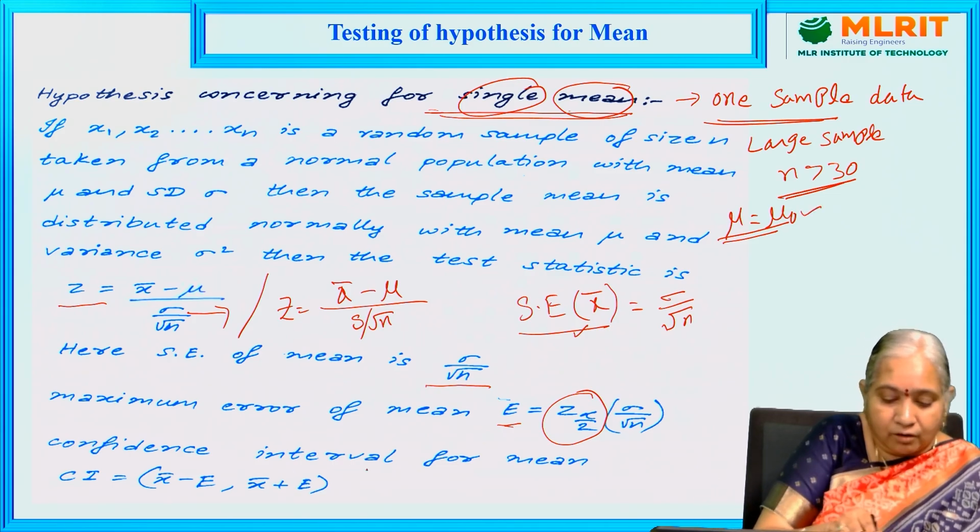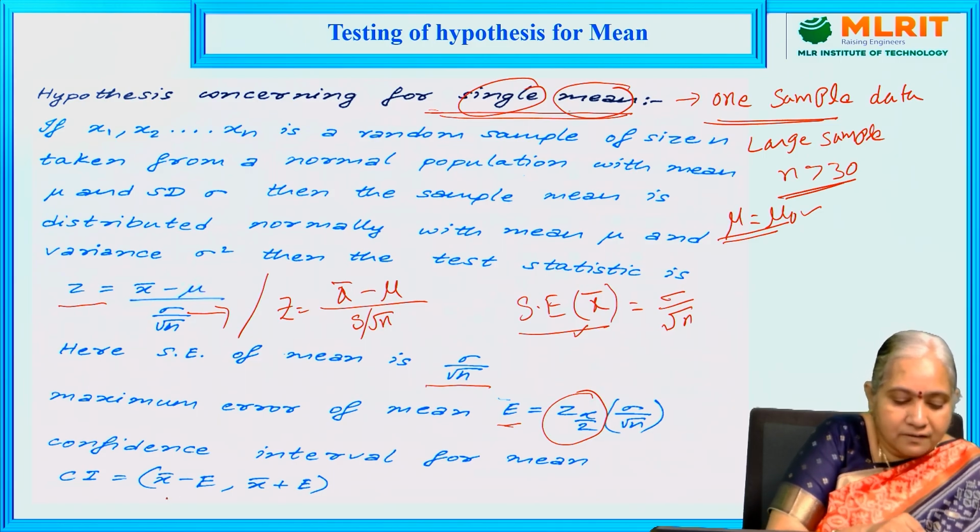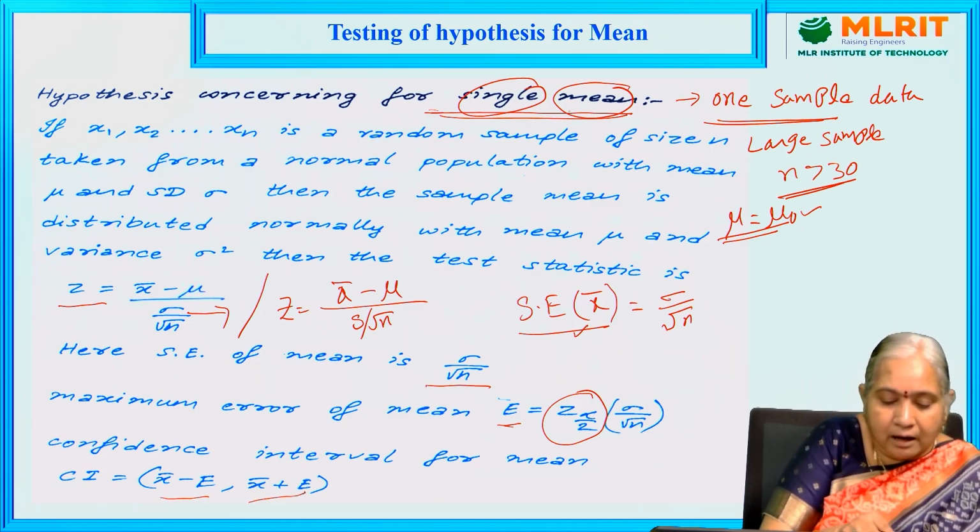Here this confidence interval is our interval estimation about the population mean. That means the population mean lies in which interval. So this is the lower limit and this is the upper limit.